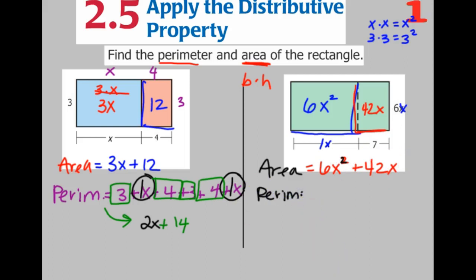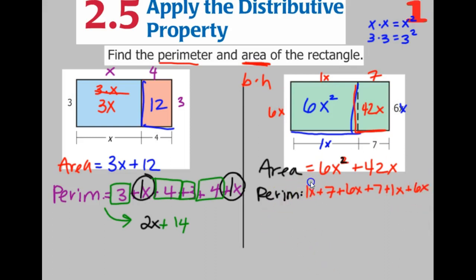Our perimeter, I'm going to start writing them, we have 1x plus 7 plus 6x plus this side will also be 7 plus this, which is 1x, plus our last side, which is 6x.